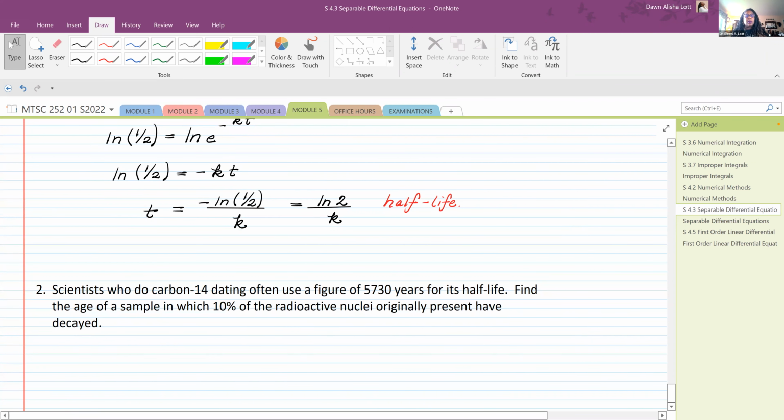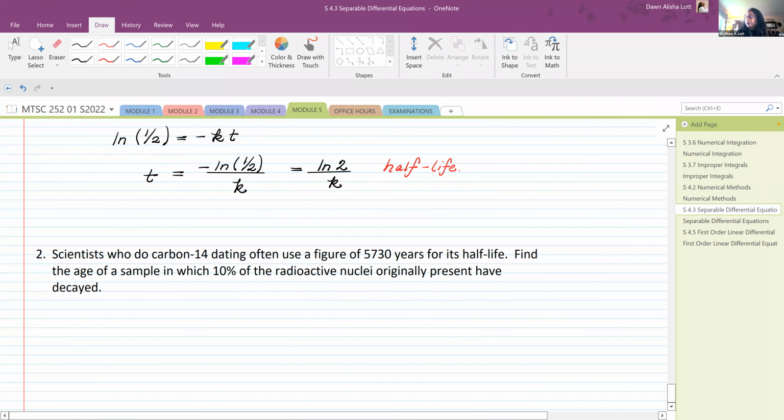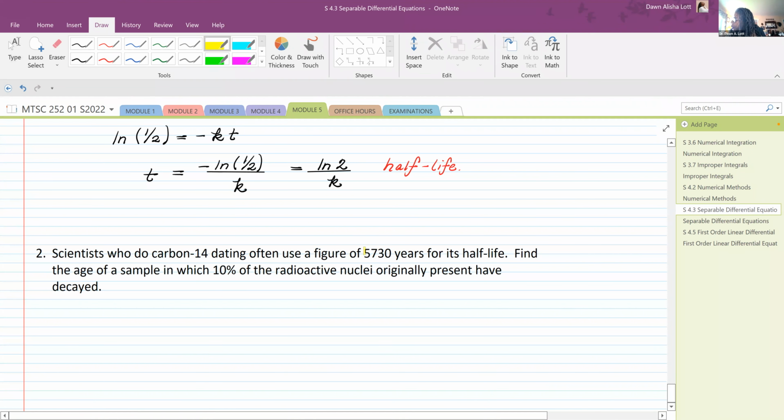They told us that the half-life is 5,730 years. From there, we can find the decay constant. If we know that t is equal to the natural log of 2 over k, then we can find what our k is.